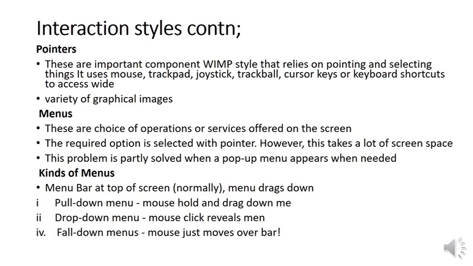Kinds of menu. Menu bar at top of screen. Normally, menu drag down: pull down menu, mouse hold and drag down. Drop down menu: mouse click to reveal menu. Fall down menu: mouse just moves over the bar.